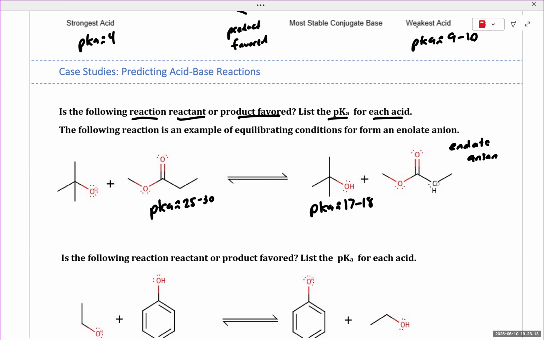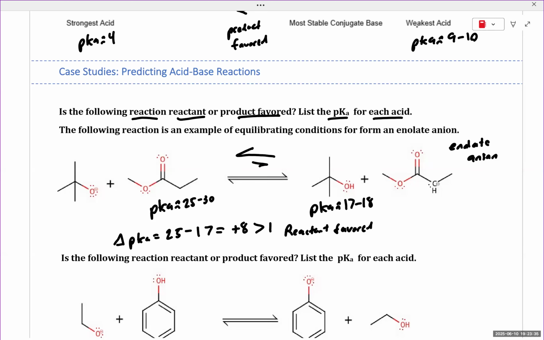From this, if we calculate the delta pKa, so we have 25 minus 17, that gives us positive 8, which is greater than 1, which tells us that this is reactant favored. So the equilibrium more favors the reactants.